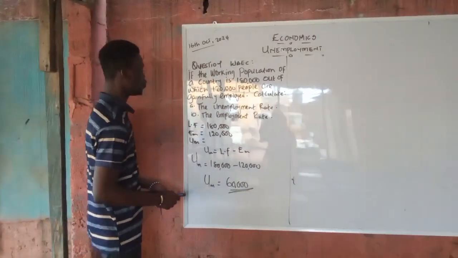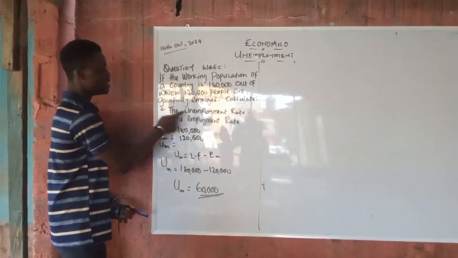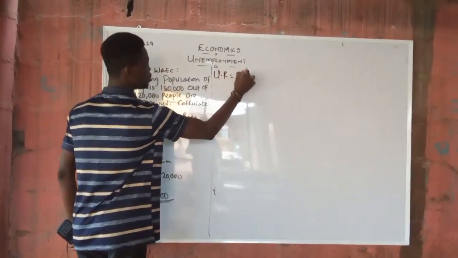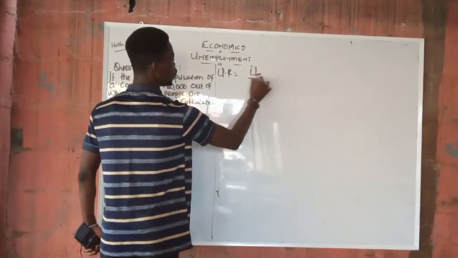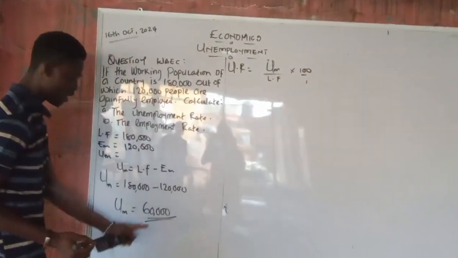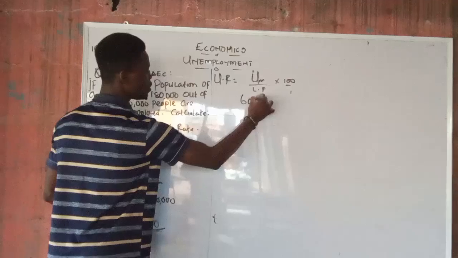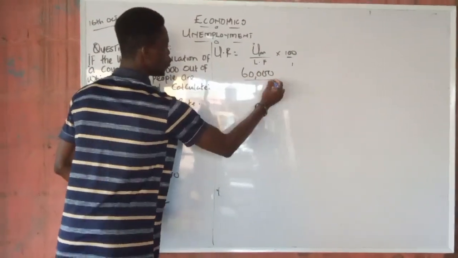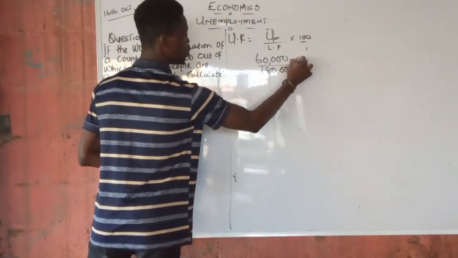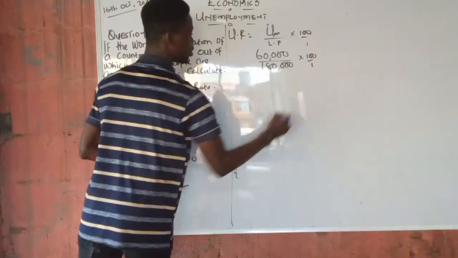So the next question we are asked to solve is the unemployment rate. Unemployment rate, that is unemployed over labor force times 100 over 1. What is our unemployed? That is 60,000 over labor force 180,000 times 100 over 1.